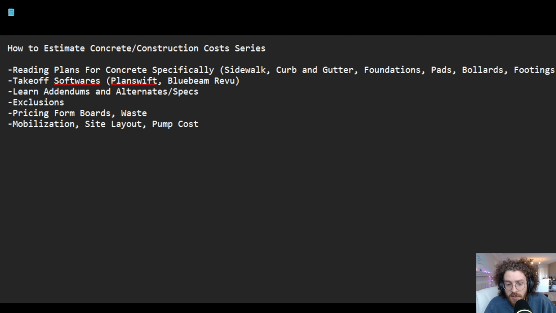Exclusions. I'm not going to pull up a proposal right now, but exclusions essentially are when I have a proposal and I have lined out my scope of work and I say, these are all the line items I'm picking up. Let's say there's a couple of concrete inlets on the job that I'm not picking up, that I am leaving to their earthwork guy, whoever wants to do it.